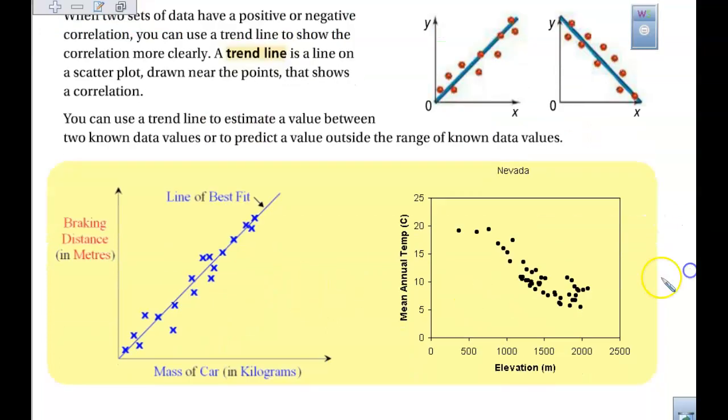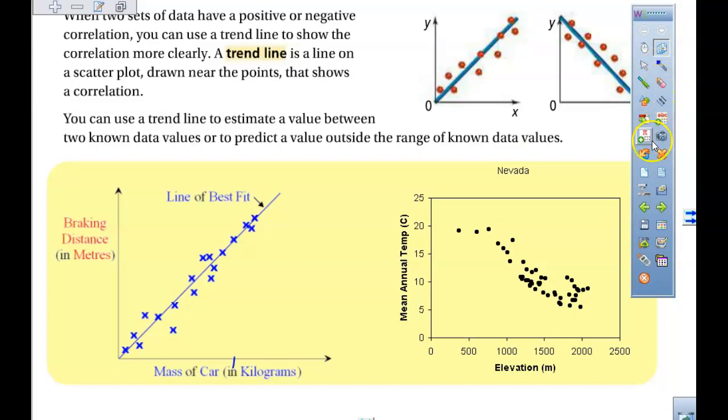Now what's really nice is I might say, I want to know when it is this many kilograms for the mass of my car, what is going to be the braking distance? Right now, for the state of Nevada, would you please draw your line of best fit? Take your ruler. It always needs to be a nice straight line for the ones that we're doing right now. Later, we're going to have ones that aren't linear, but these are pretty linear.